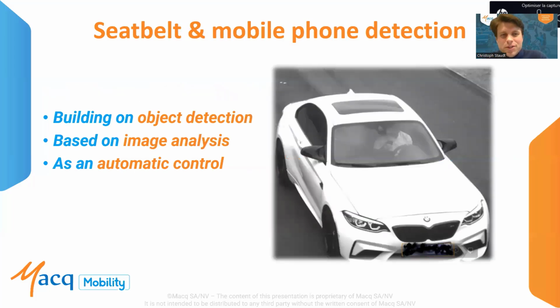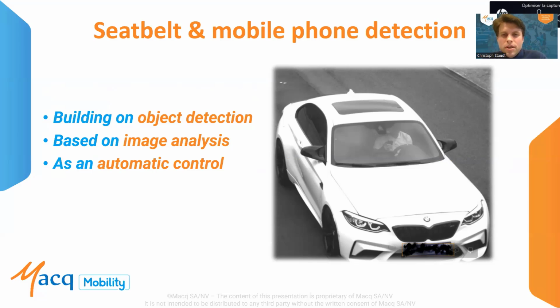A feature which is of course well known by I think everyone in this sector in the last 2-3 years is the seatbelt and mobile phone detection. And this feature we have also inside our camera, also AI based and based on the image analysis. Here you can see an example of the car.